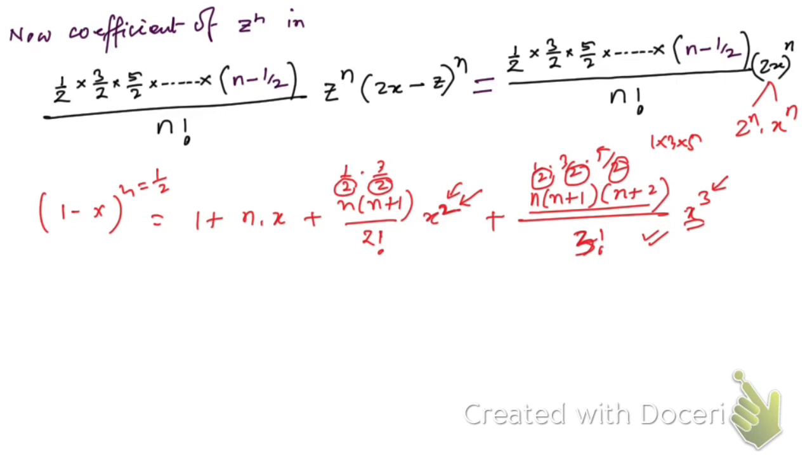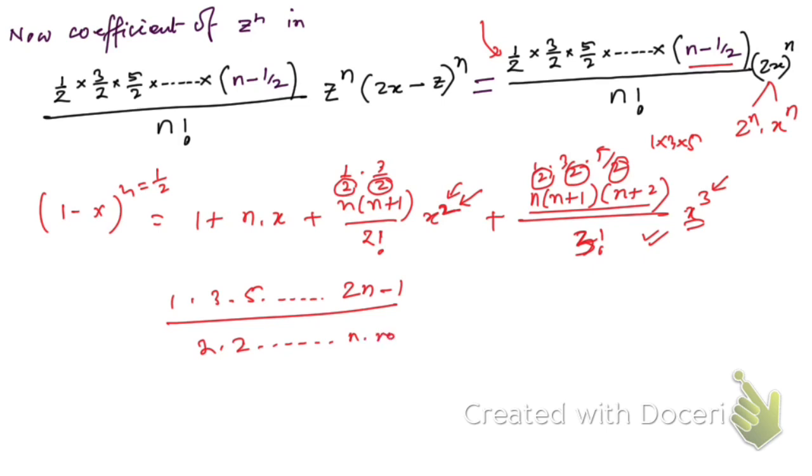Hope you have understood this. Let me explain. Here we're gonna get this part. Here we're gonna get 1 into 3 into 5 into dot dot dot. If you take LCM here, you're gonna get twice n minus 1 divided by 2 into 2 into dot dot dot, n number of 2's.